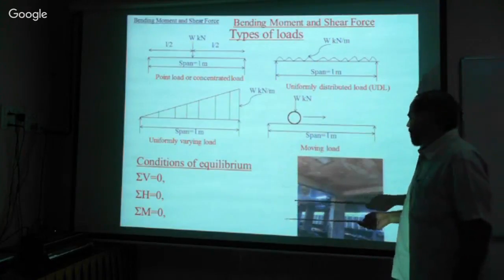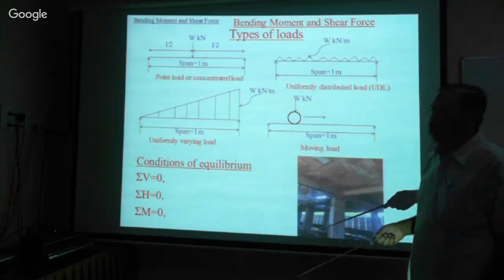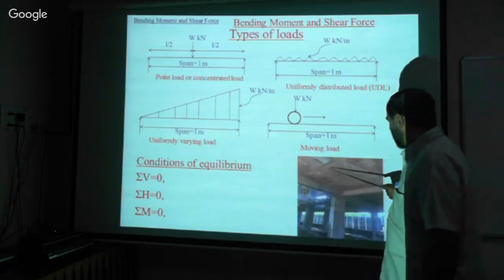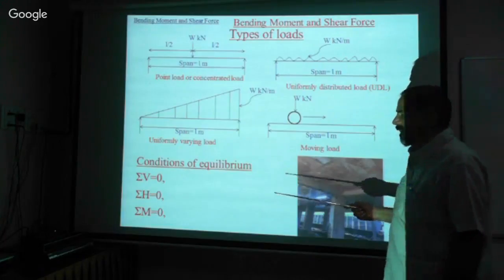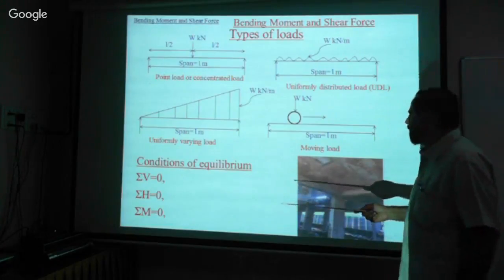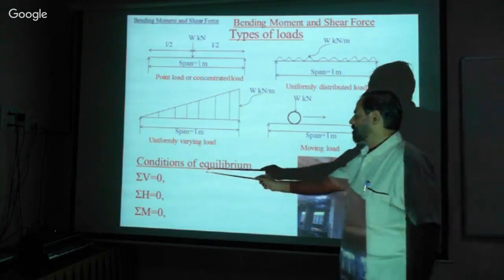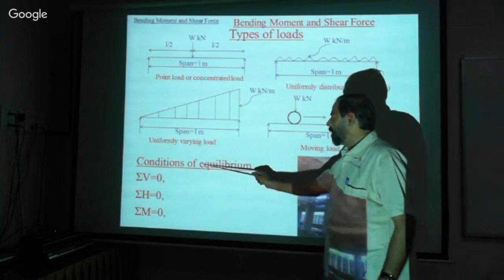And we know in the design of civil engineering structures, like buildings, bridges, dams, etc., they are designed and should satisfy certain conditions. These 3 conditions are the equilibrium conditions.